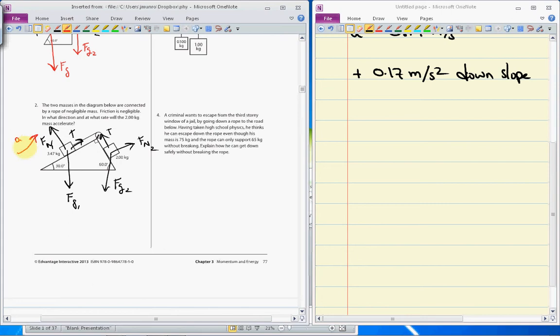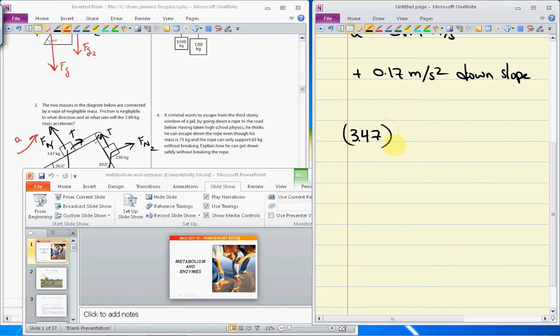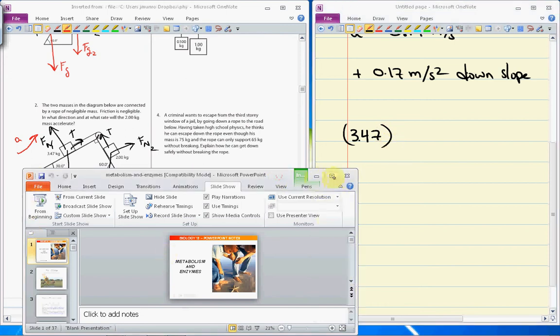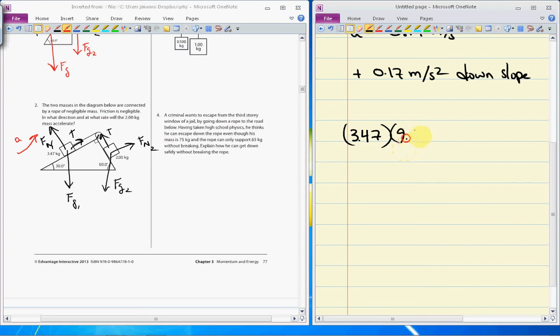I will get, for the first case then, 3.47 times 9.8 times the sine of 30 that equals 17 newtons.